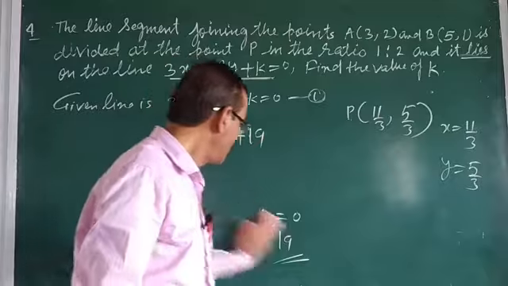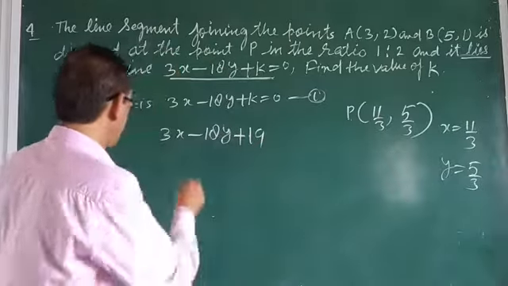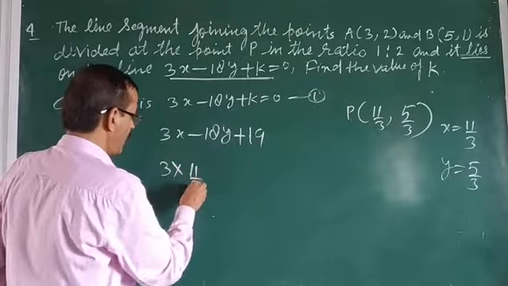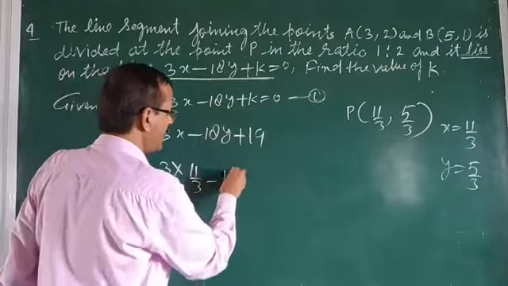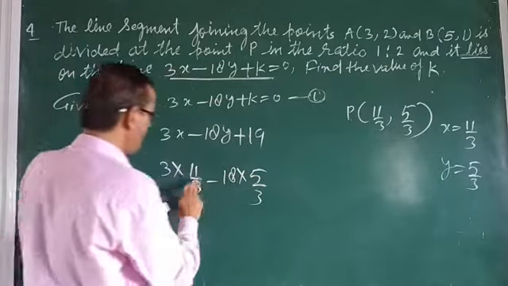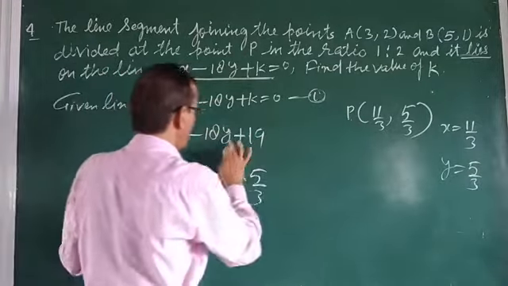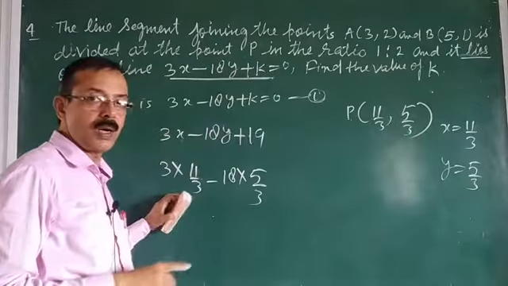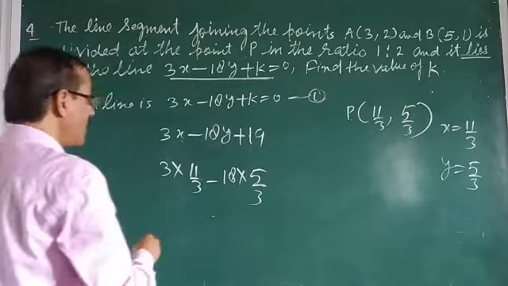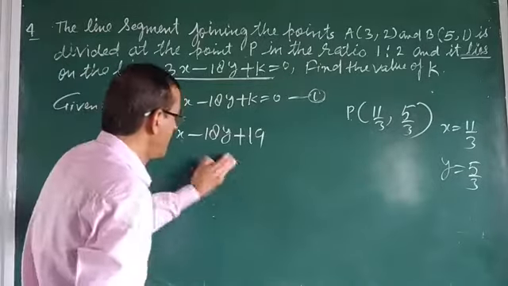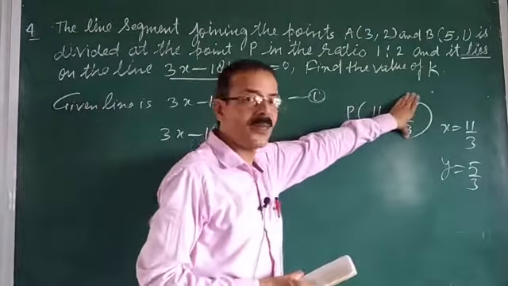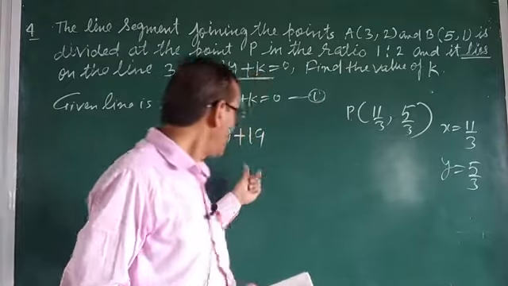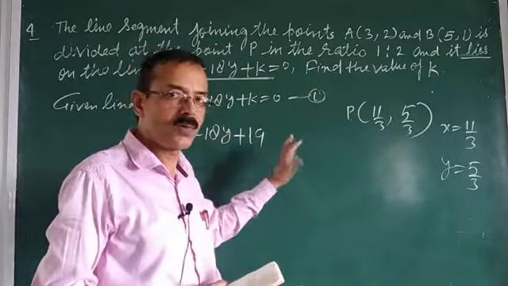So let's check. Put here 3 into 11 upon 3 minus 18 into 5 upon 3. 11 upon 3 is the x value, and y is equal to 5 upon 3. What will we write? If the question is that this point lies on this line, and K is also given, there is no unknown value.